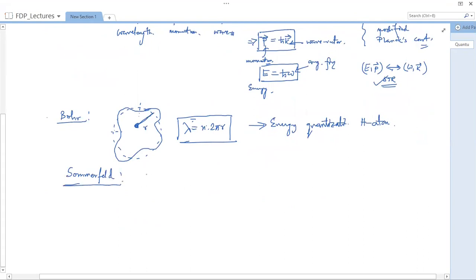But this is not enough, so Sommerfeld modified this theory with circular plus elliptic orbits, and used the Sommerfeld quantization condition, that is the integral of p dot dr should be an integer multiple of h bar.